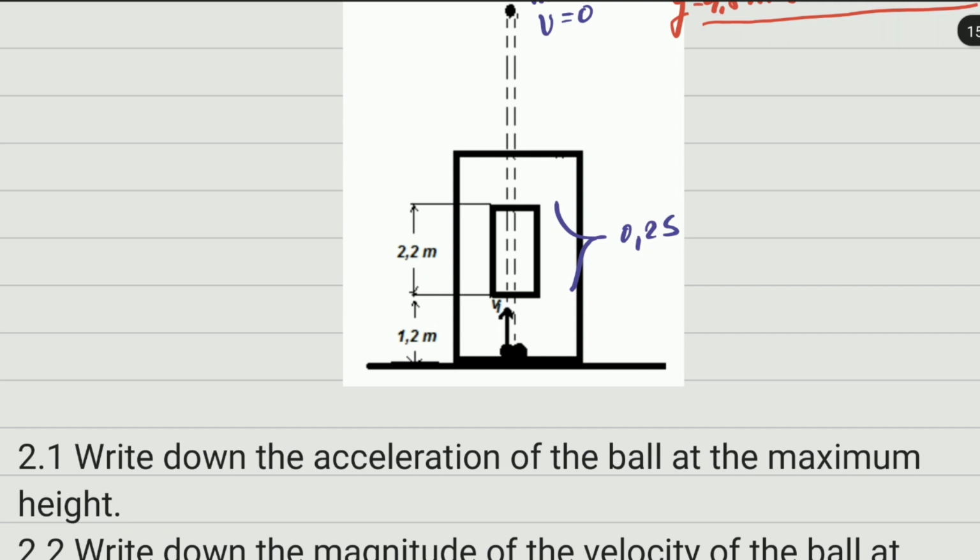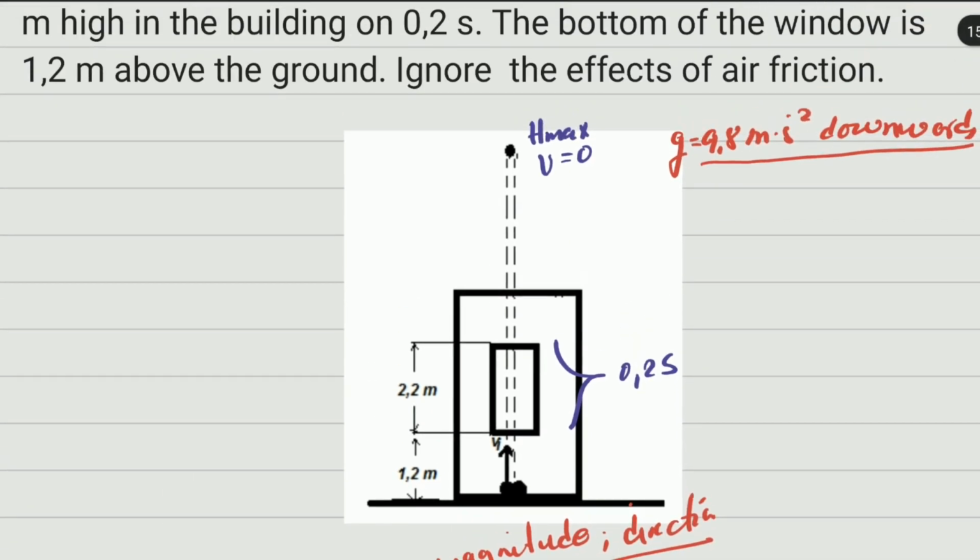Okay, so write down the acceleration of the ball. Now acceleration, as they said here, is a vector quantity, so they want both magnitude and direction, which is what we gave here.